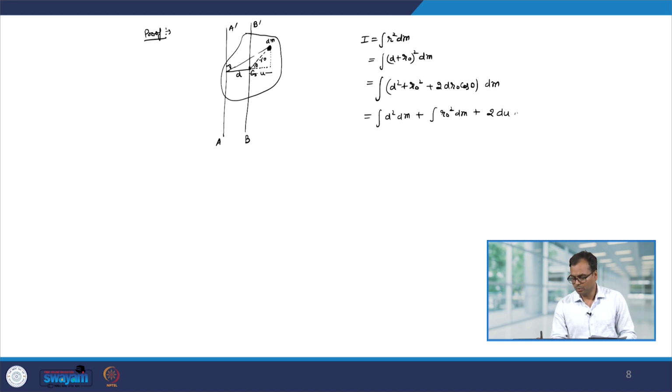So, 2 d u dm, because from the geometry r naught cos theta is equal to u.